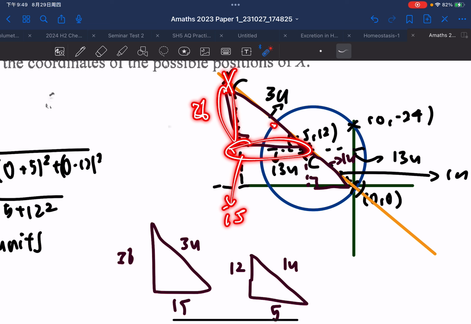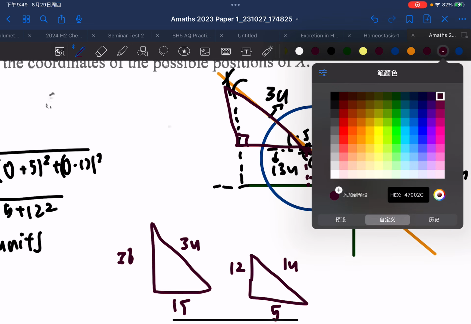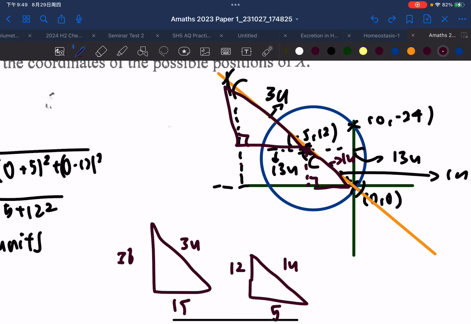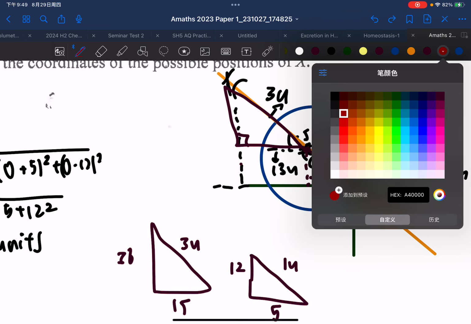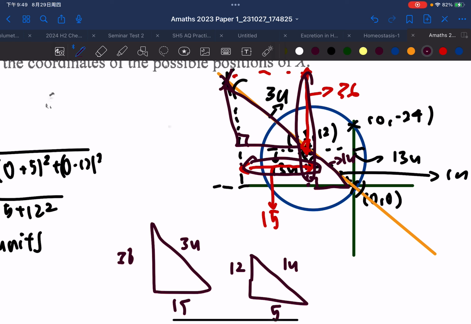So if you want to get x, which is over here, okay, you will need to note that from here to here is 15. From here to here is 36. So x will be this whole thing and this whole thing.